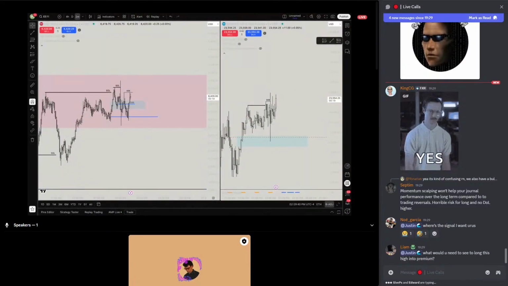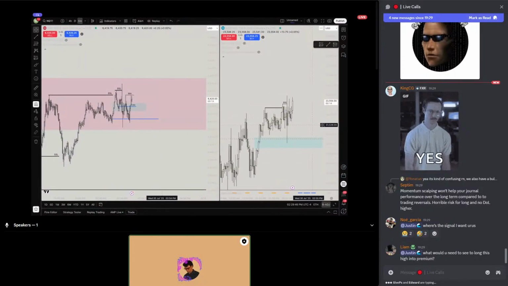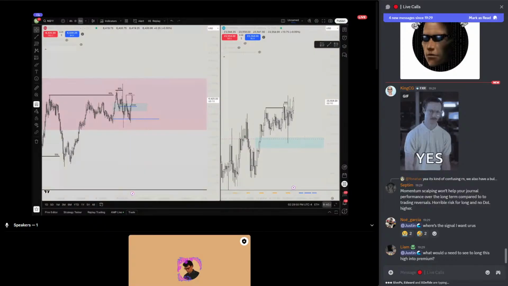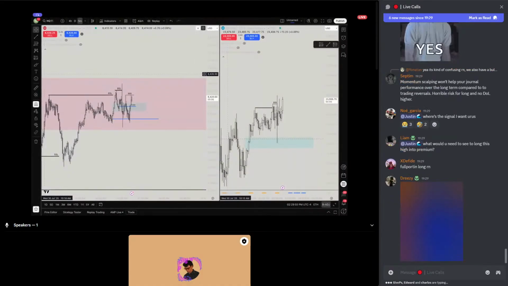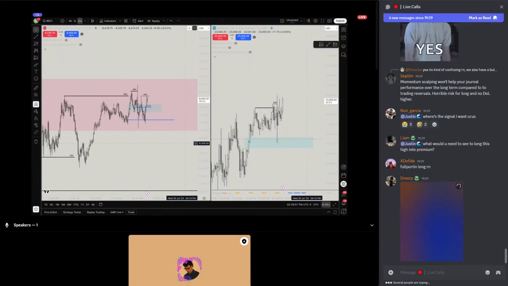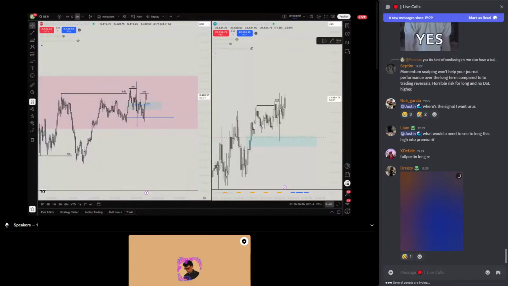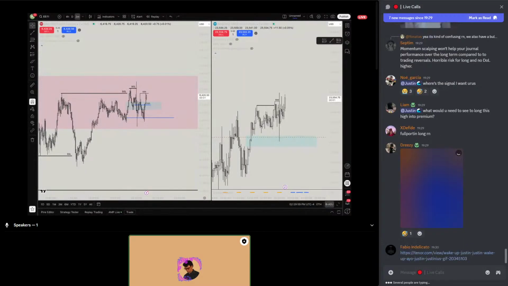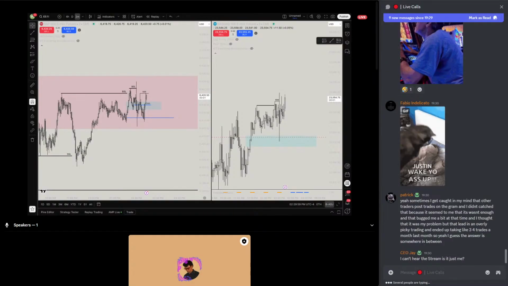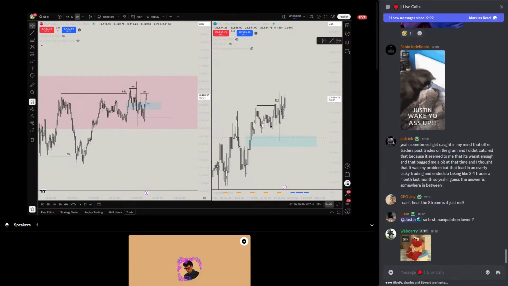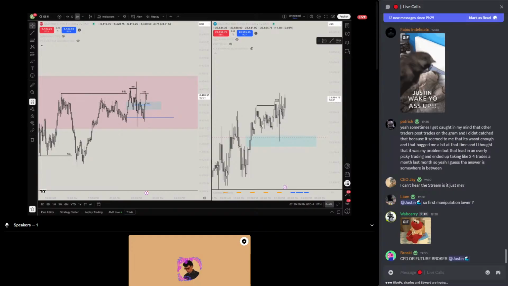I can't take a long right now in premium. It doesn't matter what I would need to see. I can't take a long here. Let's play for shorts. We're inside of a bearish 1 hour gap.